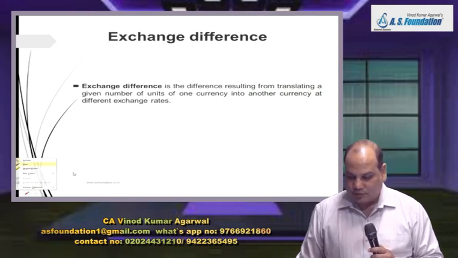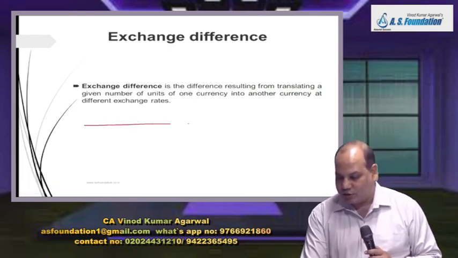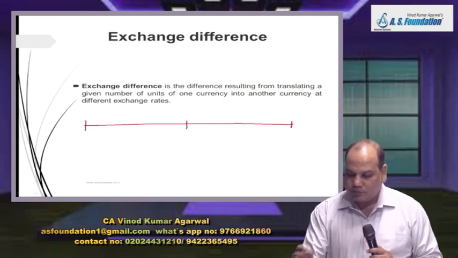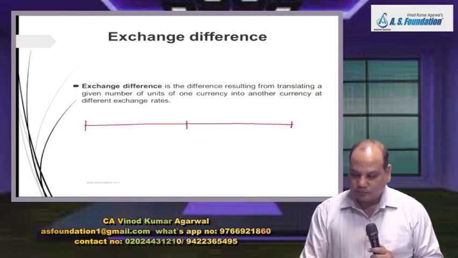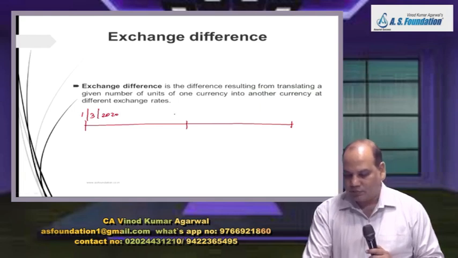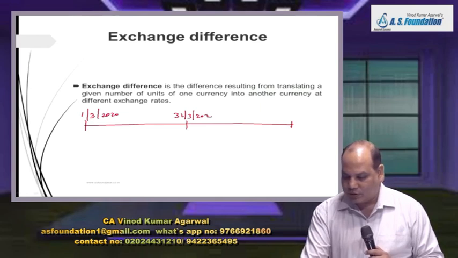Exchange difference is a very tricky issue in this chapter. What treatment will be given for exchange difference? Suppose there is a transaction on 1st March 2020. Year ending date is 31st March 2020.